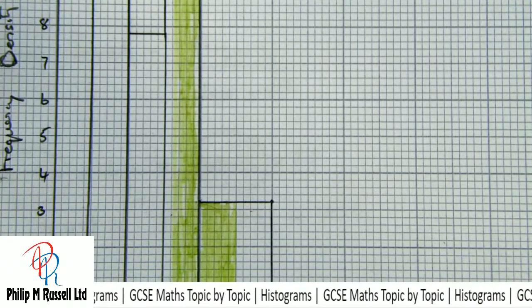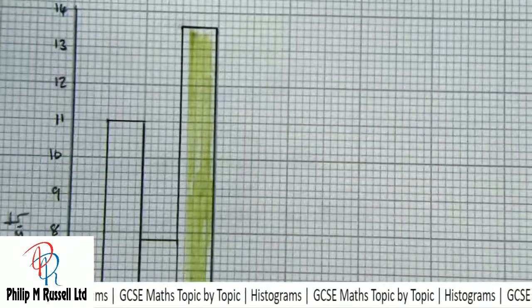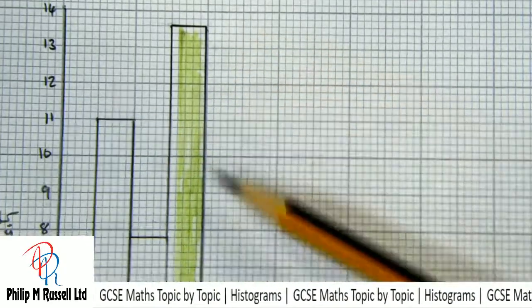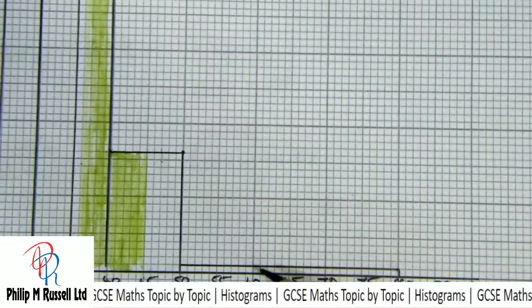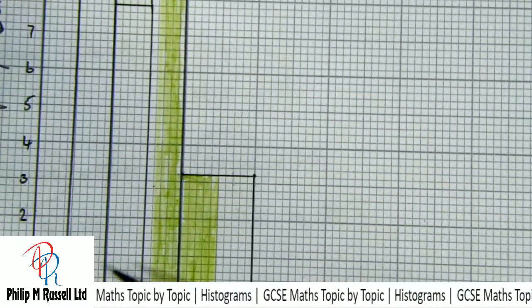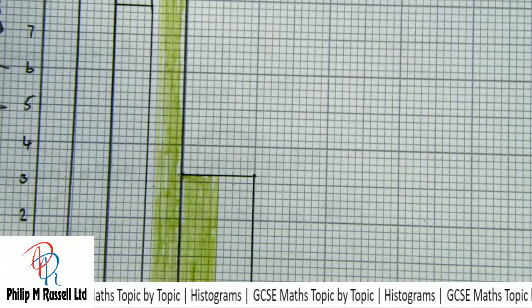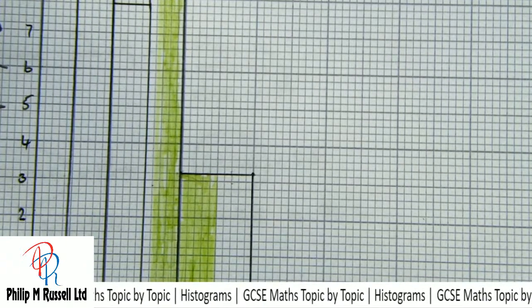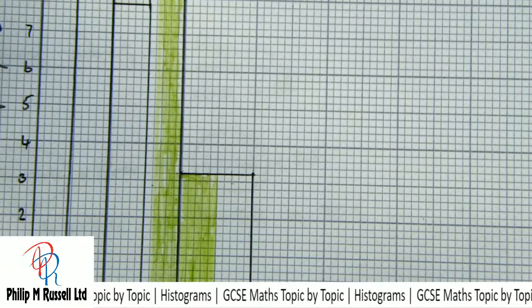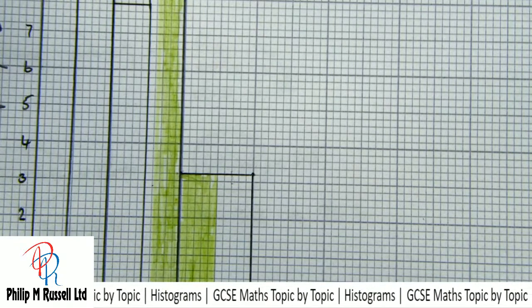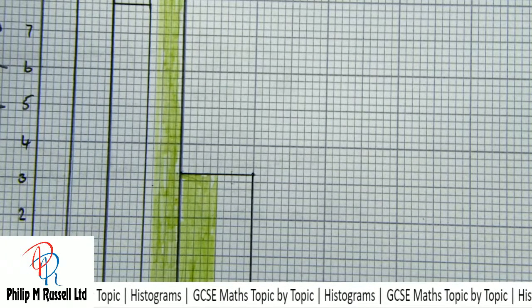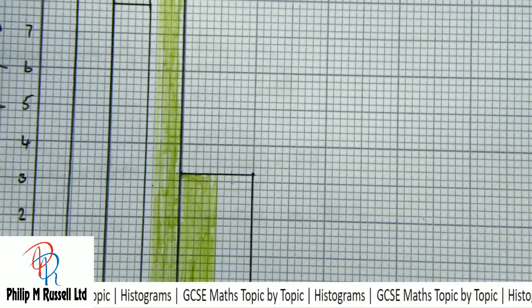We make sure that the height of the bar is the frequency density for each one that we're looking at, and we make sure the bars have no gaps between them. So we can try various other ones and draw bits and pieces from these, but they're all basically the same.